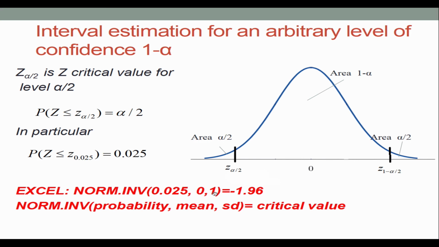So just put 0, 1 there. It responds to you that this critical value, z alpha over 2, should be negative 1.96. Then you will use this number to construct a confidence interval that gives you 95% confidence.